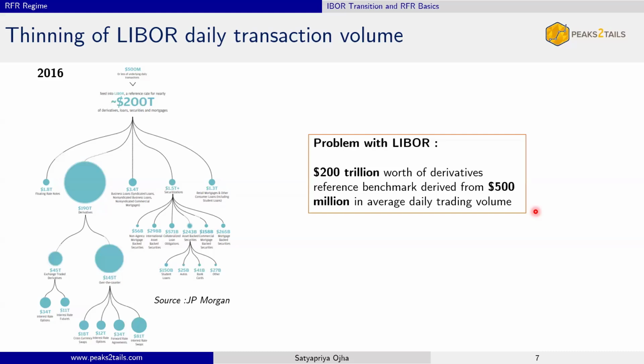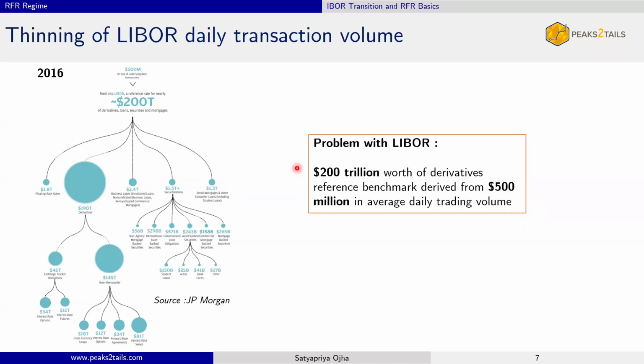The LIBOR quote that the banks submitted was first based on actual transactions. If there are not enough actual transactions, then you give expert judgment. So what was happening more and more is banks were submitting the expert judgment instead of actual transaction-based quotes. And obviously with expert judgment comes biases and things like that, right? So the quotes were not reliable anymore.